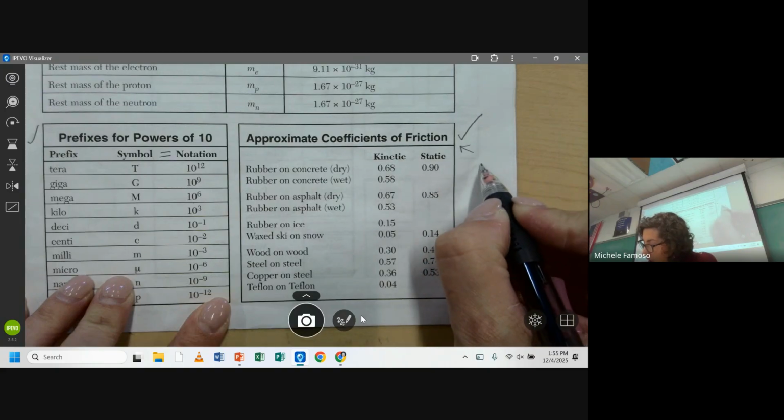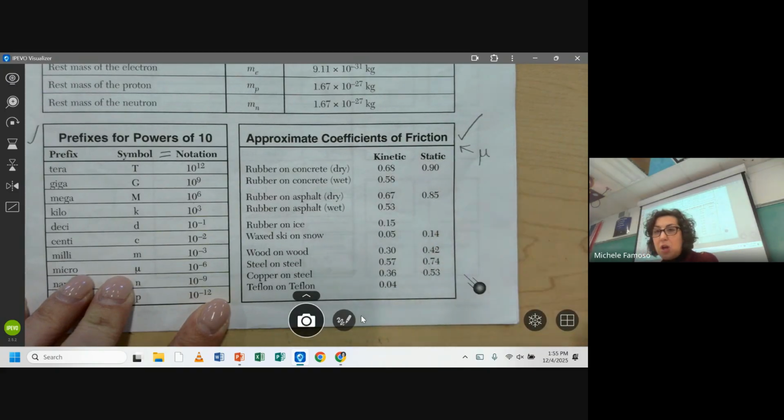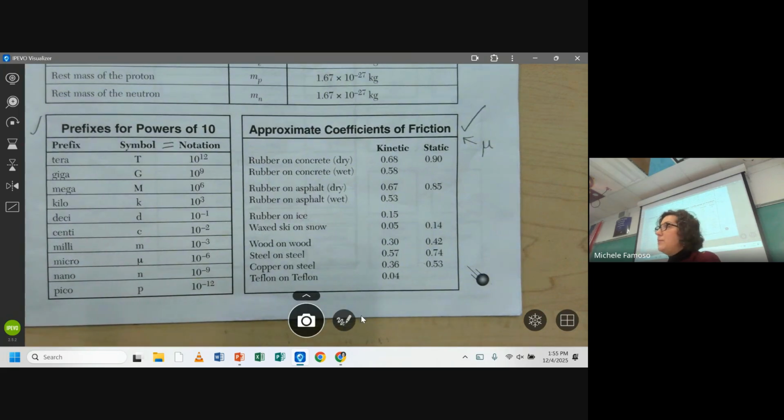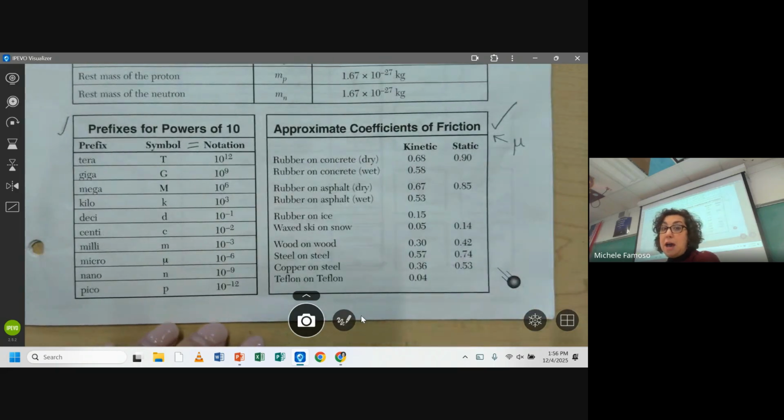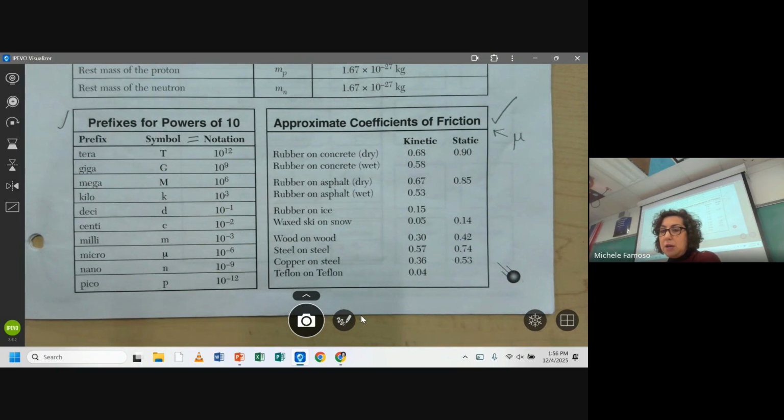These are the mu values, the coefficients of friction for a sampling of materials that we often ask about on the Regents exam. So we'll be using these in class a lot. There's a lot of them. If you go online, there's something called the Handbook of Chemistry and Physics.